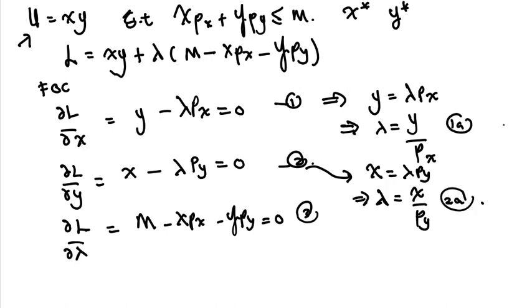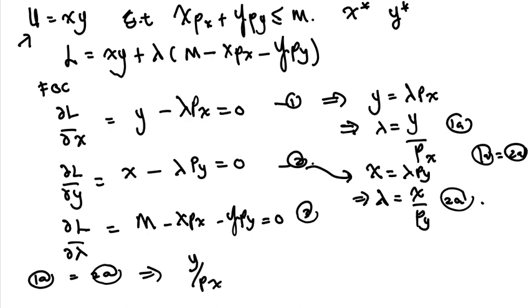So we can see clearly that 1a equals 2a, isn't it? Basic, yeah? So when 1a equals 2a, this implies y over px equals x over py.